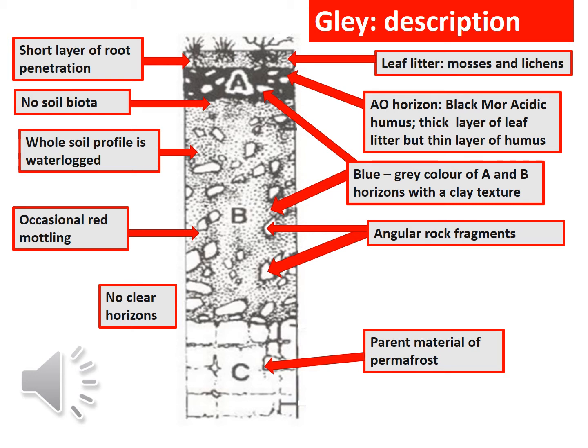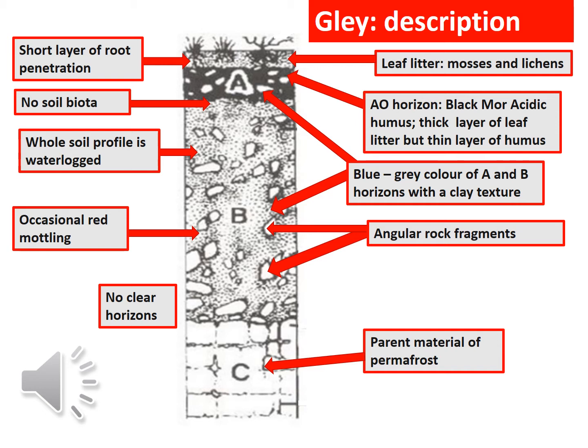Carrying on, no clear horizons. Okay, so you can see in the picture in the previous slide, it was very hard to make out the AO, A, B and C horizons. We do have some red mottling, so little pockets where we do have a little red colour. The whole soil profile is also waterlogged, so water can't pass through.